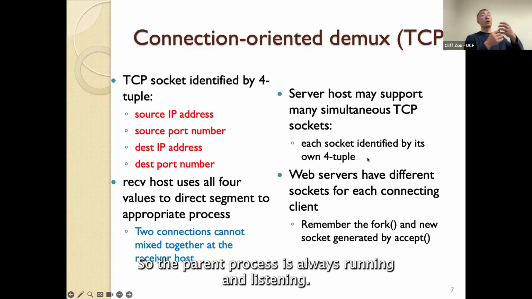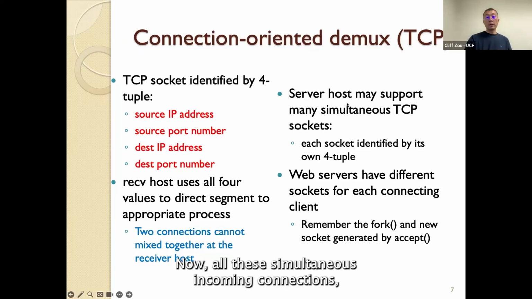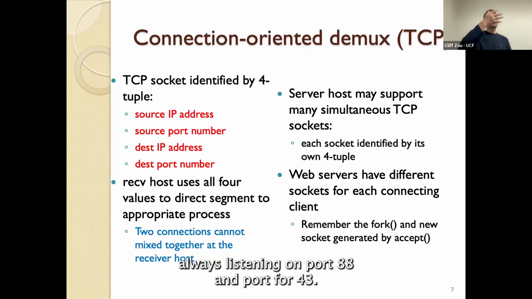So this parent process is always running and listening on this service port for incoming connections. Then all these simultaneous incoming connections will differ by the port assigned to that service. For the web service, it's always listening on port 80 and port 443.